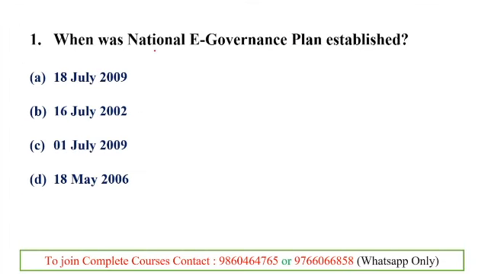When was the National E-Governance Plan established? So you know what is e-governance? E-governance, that is E for electronic governance. The people and the government should relate or meet by using this platform. So people can get services through digital units or digital processes, and the government can easily announce any information to the people through this medium.